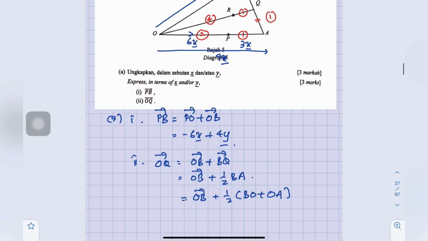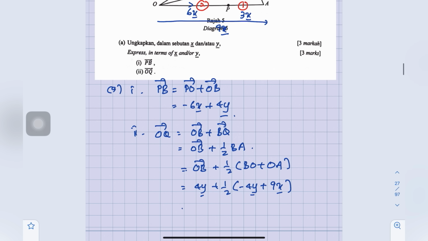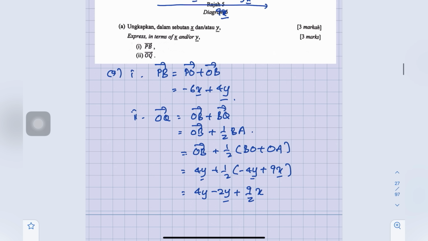OB is 4y, 1 over 2 BO is negative 4y, OA is 9x. Then we simplify: 4y minus 2y plus 9 over 2 x. So it becomes 9 over 2 x plus 2y. So this is vector OQ.